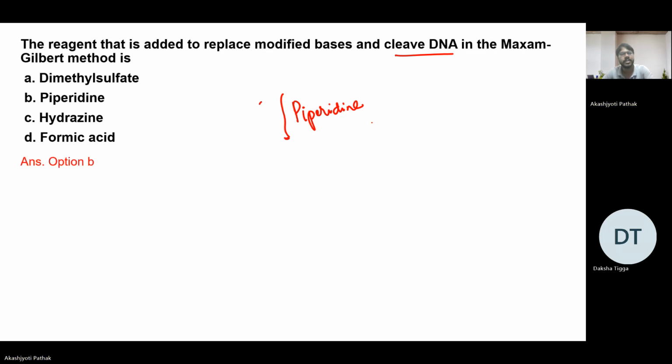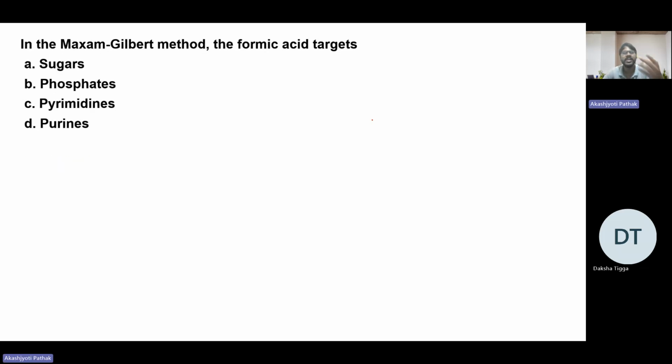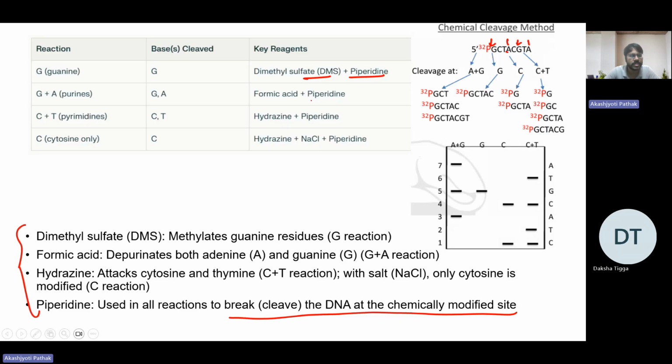Okay. Option B. Now in the Maxim Gilbert method, the formic acid targets what? Was it targeting purine or pyrimidine? It was targeting purines. Okay, you go through this.